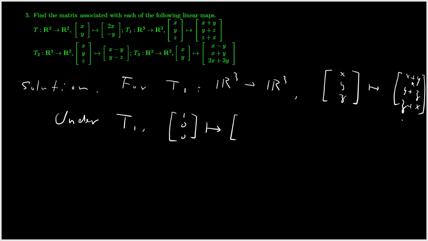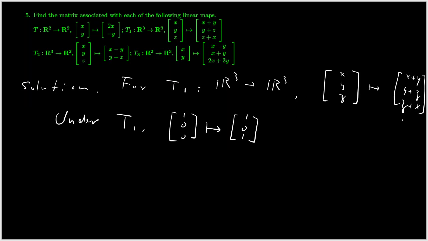I believe the output is (1, 0, 1), is that right? So this time you look at T1. The output for the input of (1, 0, 0) is (1, 0, 1).